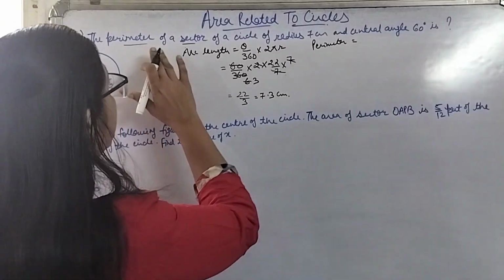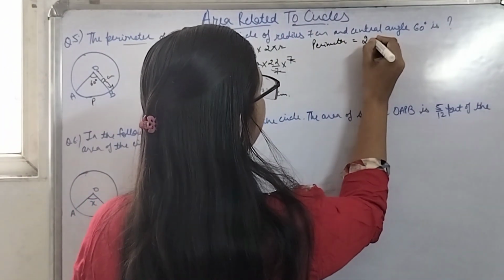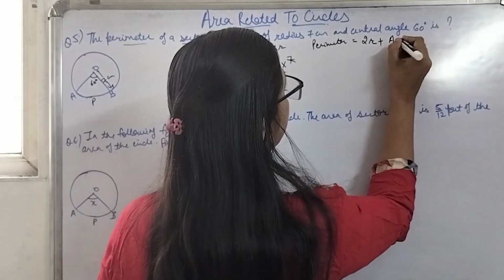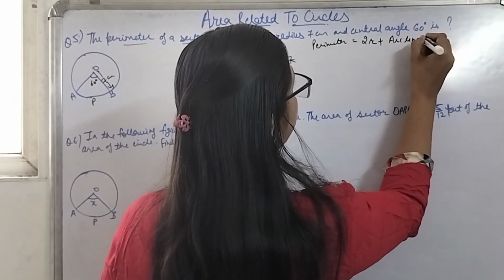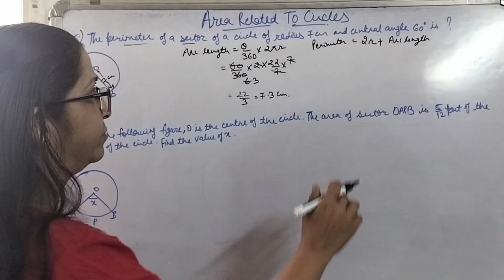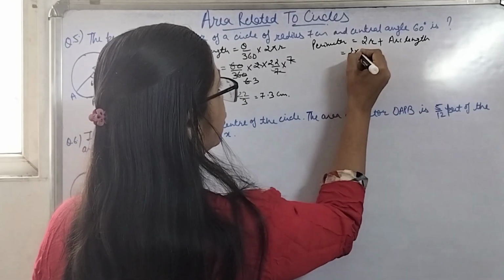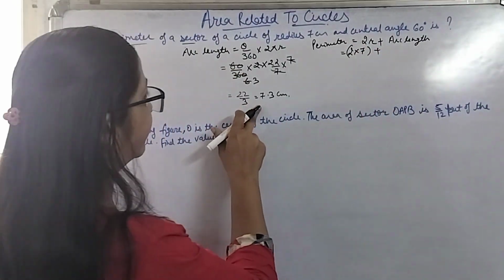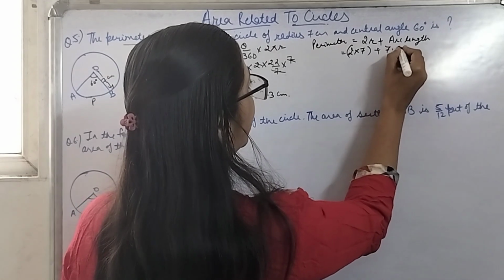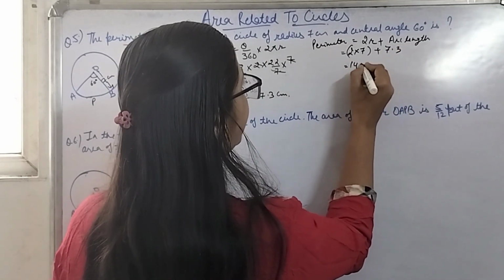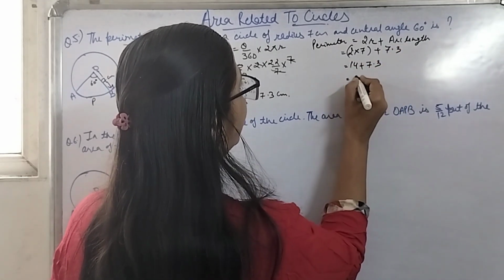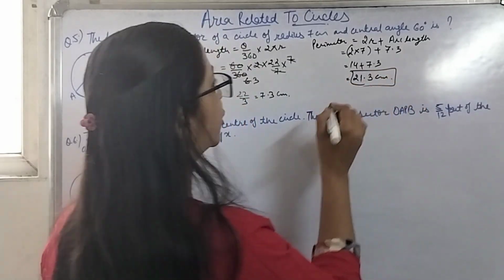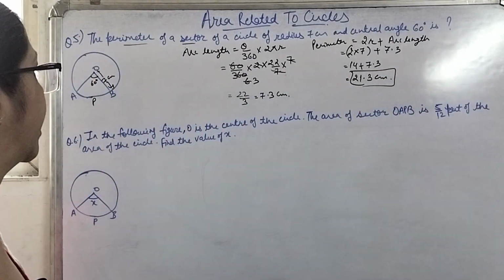So the perimeter of the sector will be 2 times the radius plus the arc length. 2 times the radius means 2 multiplied by 7, radius is 7, and the arc length we just calculated is 7.3. So it will be 14 plus 7.3, or 21.3 centimeter, the required perimeter.